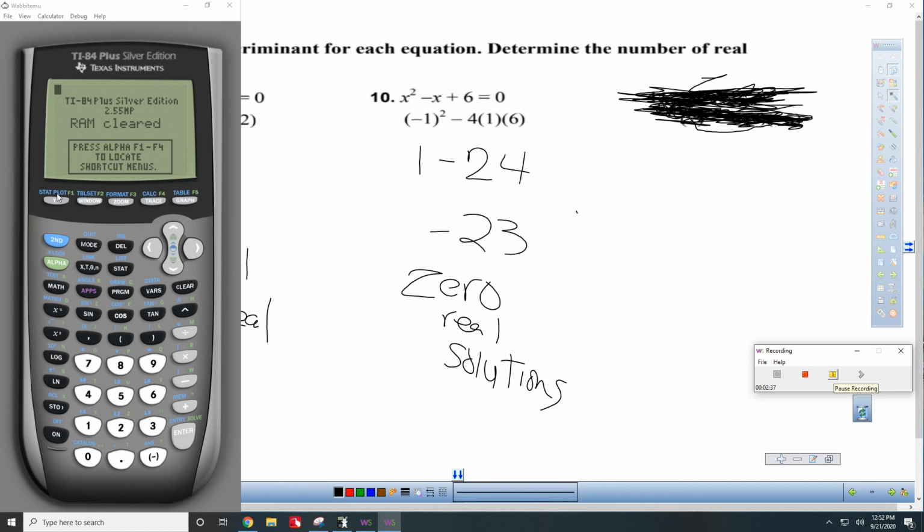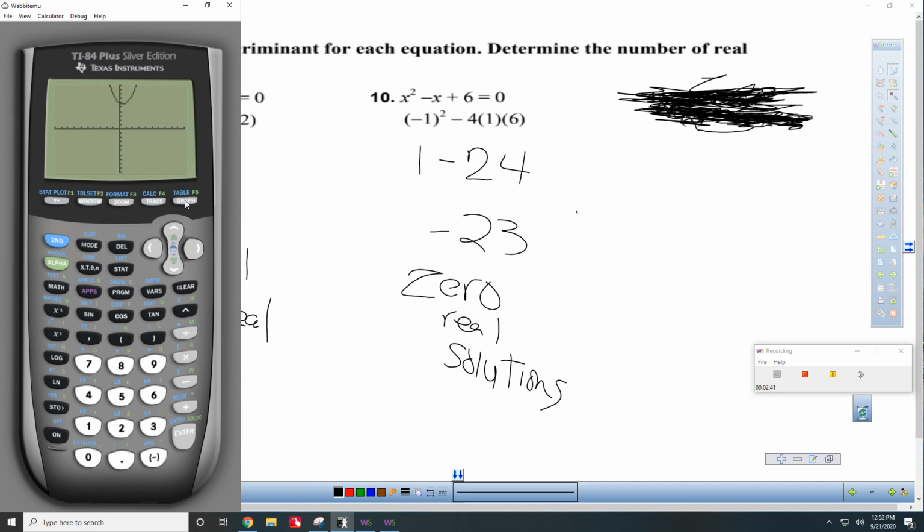So if I graph this, y equals x squared minus x plus 6. It should hit the graph 0 times.